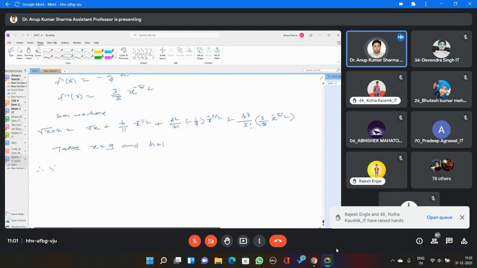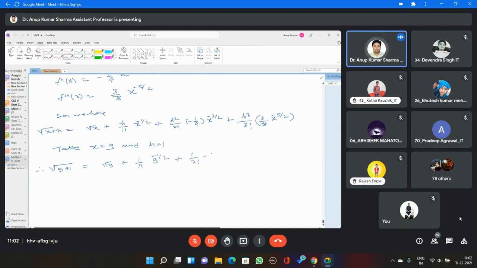Therefore root of 9 plus 1 is equal to root 9 plus 1 by factorial 1, and we are taking x is equal to 9, plus 1 upon factorial 2 into minus 1 by 4 x to the power 3 by 2, plus 1 upon factorial 3 into 3 by 8 x to the power minus 5 by 2.